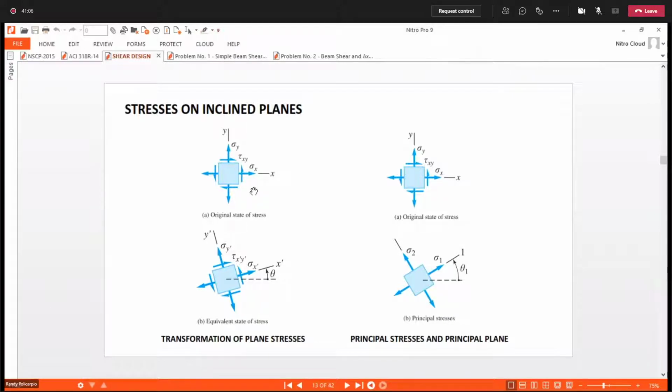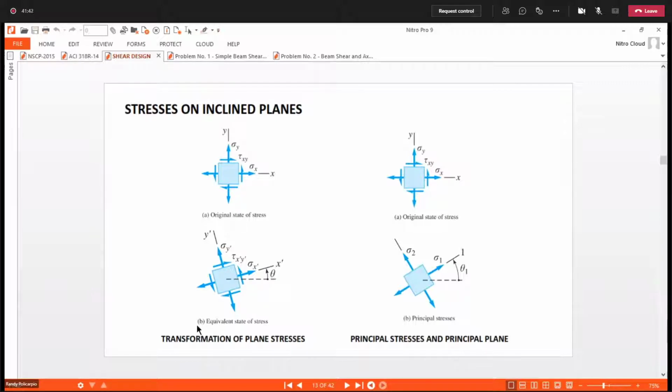Now, if we transform, considering a transformed axis, our stresses behave the same: the normal stress is still acting normal or perpendicular, while the shear is still parallel. That is the behavior of our stresses.